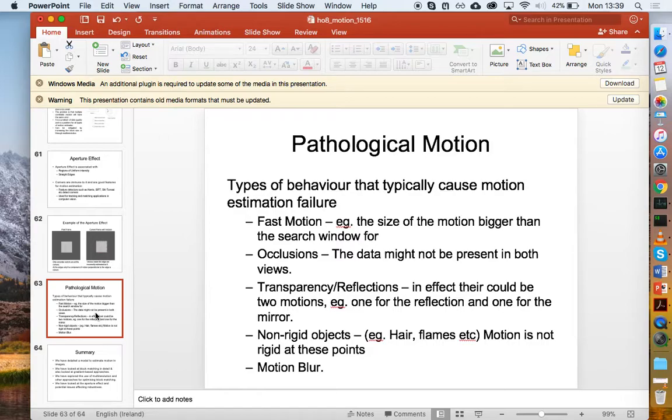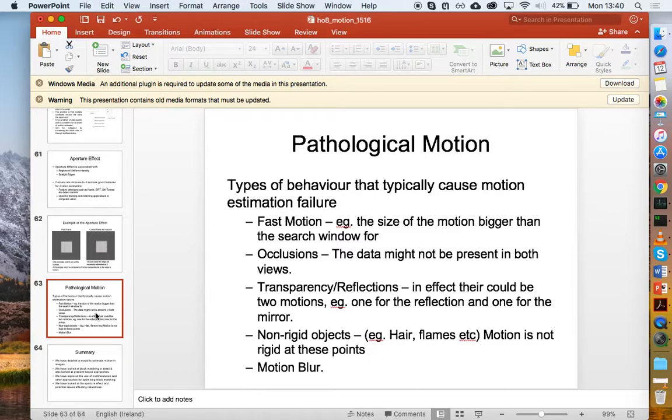Then you have transparency and reflection. Basically, if you have two layers, one goes this way and the other one goes this way, it means that a pixel actually goes both ways. If you look at a particular pixel location, you have two objects there, and it depends on which layer you're looking at, if it's a foreground or background layer. So the foreground layer might go one direction and the background layer the other direction.